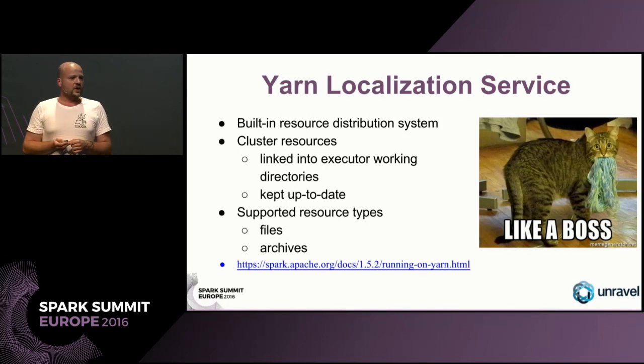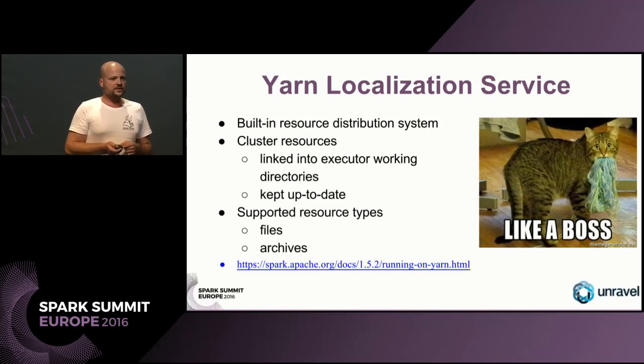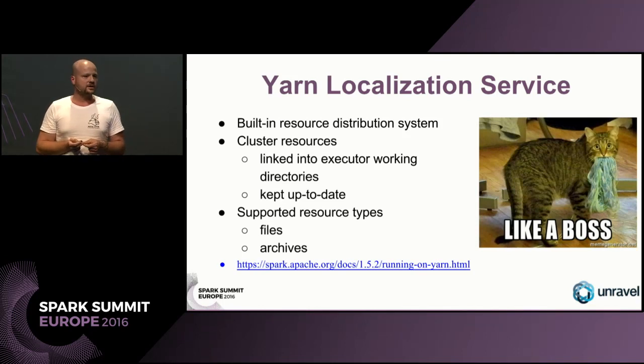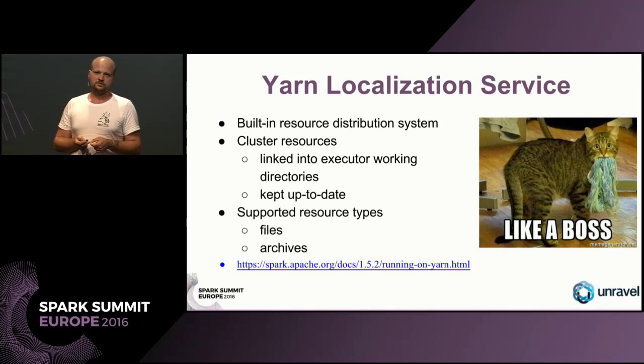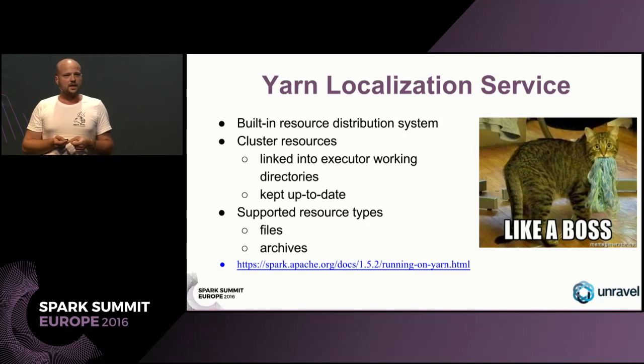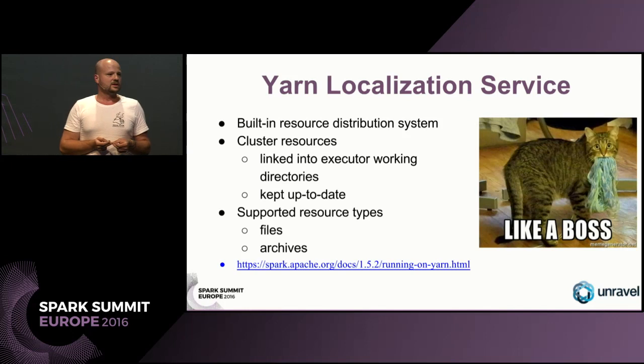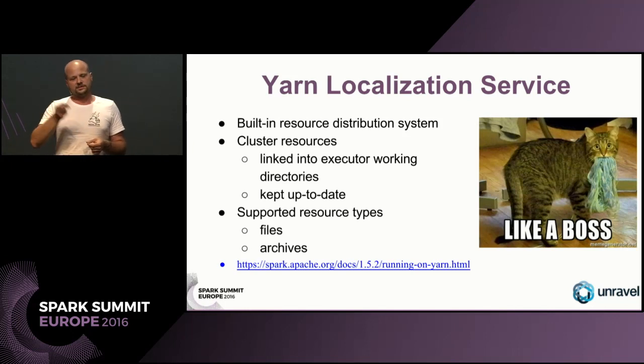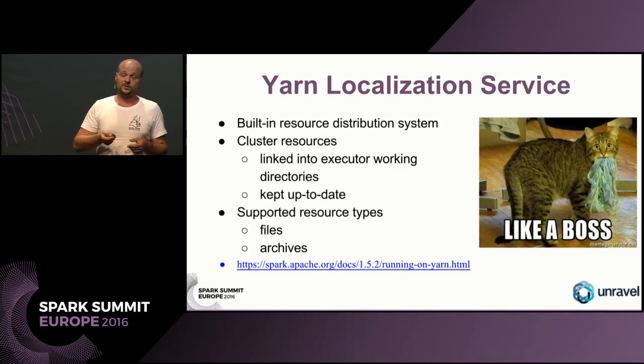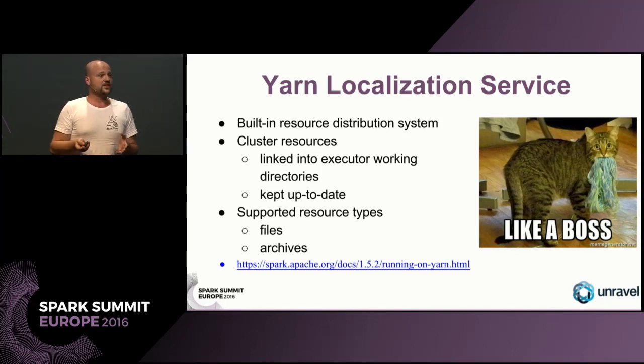Nice thing is that this localization service will create a link inside the executor working directory. So you don't need to go to any cryptic locations on your disk to figure out where your resources are. You just use the name of the resource when you are trying to refer to it from the executor or from the agent, in our case, and it's there.